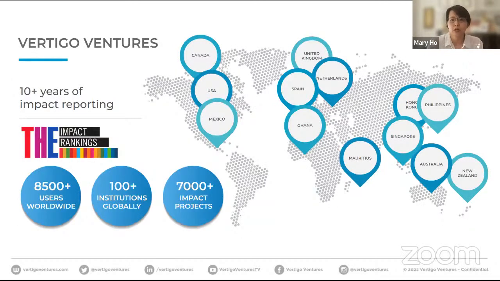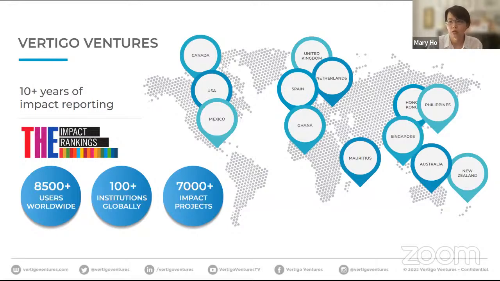We are impact experts with over 10 years of experience in the field. We are also official advisor to the Times Higher Education Impact Rankings, having conceptualized the idea and been the methodology partner since the inception.